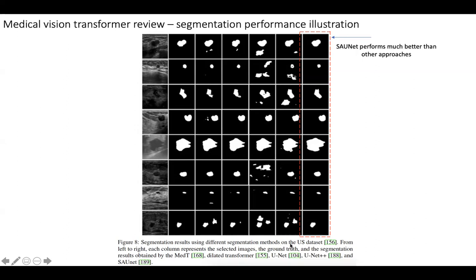Then we have different approaches to do this segmentation task, and these five columns correspond to the methods TransUNet, UNet transformer, UNet++, and this Psi-UNet. As you can see, Psi-UNet achieves the best performance within these several approaches.